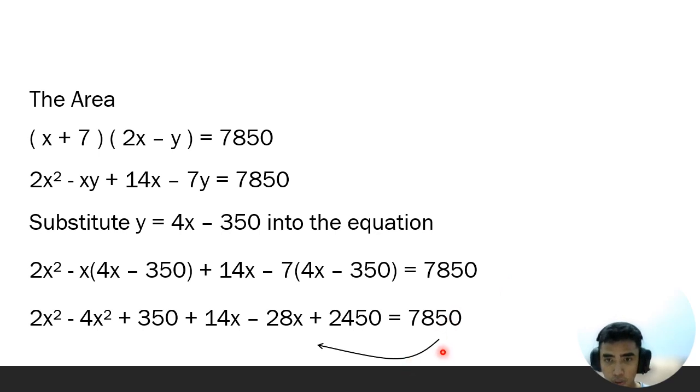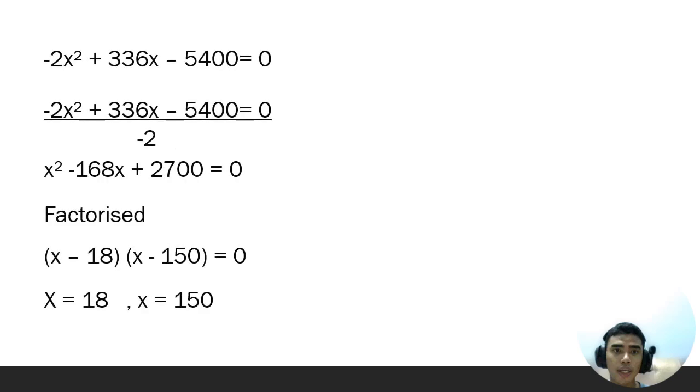So here you guys can see an arrow, we're going to move 7,850 over, so from positive it's going to be negative, or you can use the left hand or right hand side, which is minus 7,850 over here and minus 7,850 over here. If we do that and solve the equation, we're going to get negative 2x squared plus 336x minus 4,400 equal to 0.